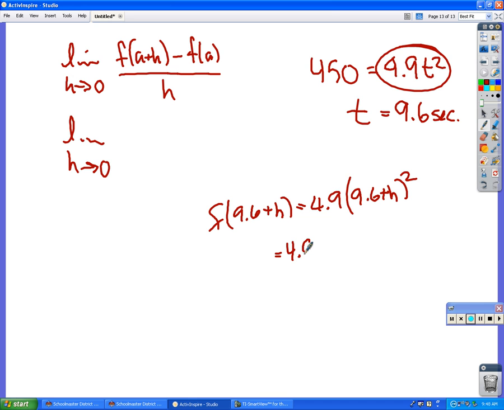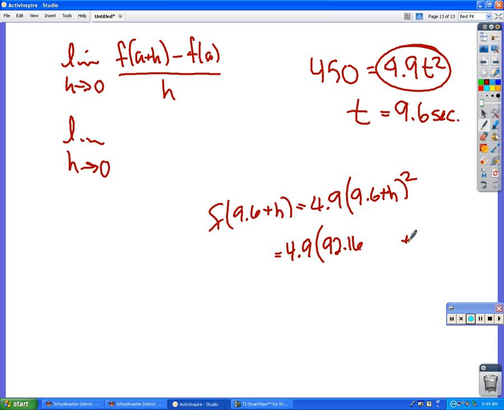So that's 4.9 times 9.6 plus h, squared. What's the quick way to square a binomial? Anybody know? We'll all say it at the same time. Square the first and the second one. So 9.6 squared is, what is it? 92.16.